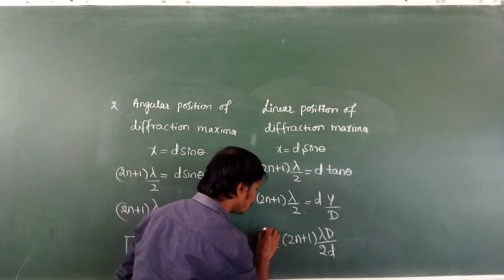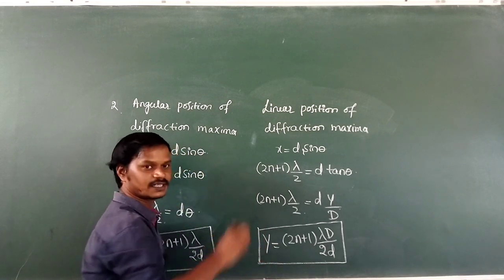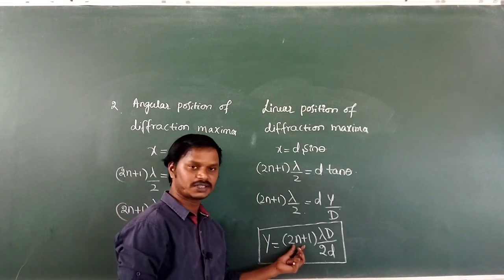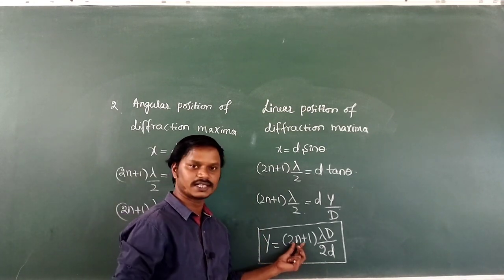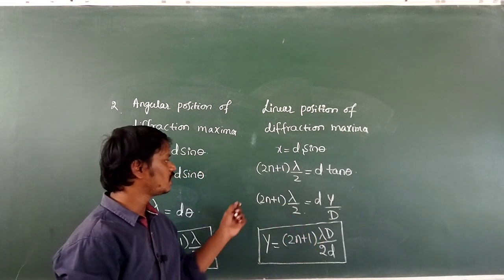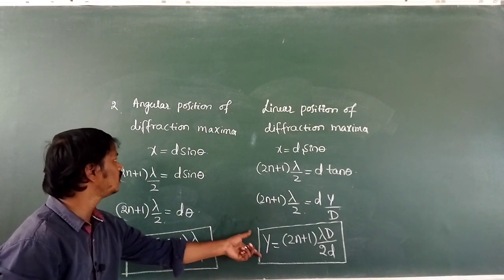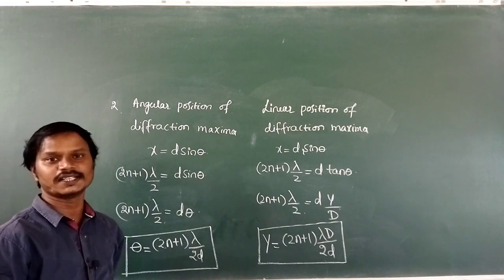Okay, this is the formula used to find the linear position of diffraction maxima. If n is 1, it is the first maximum, n is 2, second maximum, n is 3, third maximum, and so on. So this is about the angular position and linear position of diffraction maxima.